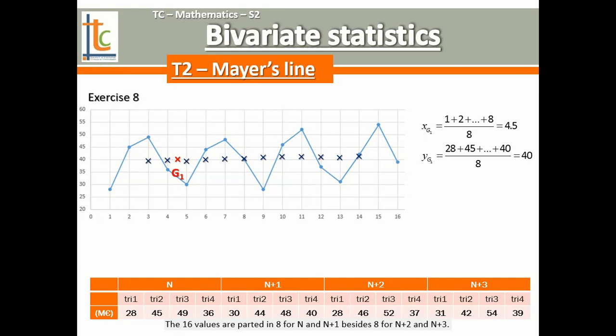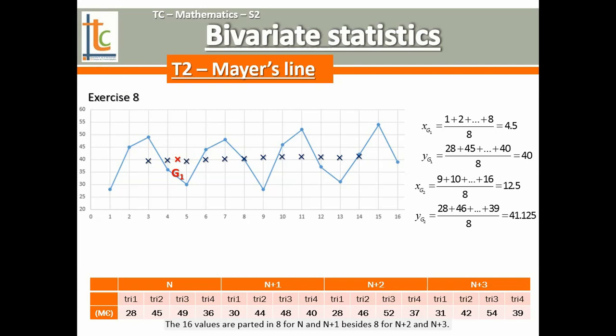Secondly, we have to do the same work on the right of the initial chart with the 8 last values, of course. And then the new midpoint has coordinates which are 12.5 and 41.125.